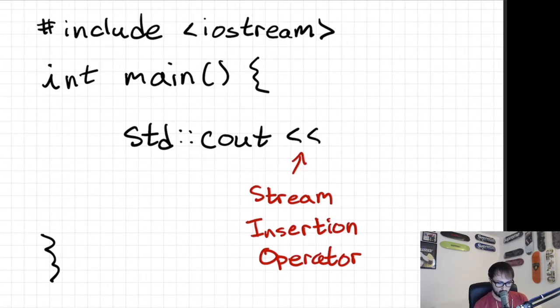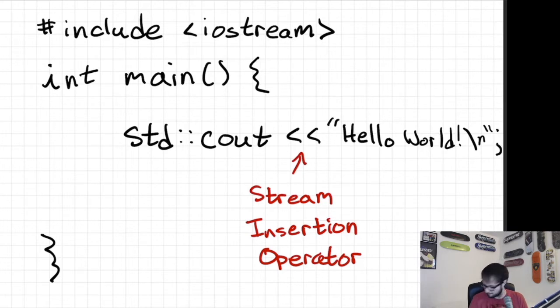So we can output some text to the terminal. There we go. By saying, "hello world" and then I believe it is \n. And this program right here is the most basic program that you can have. It will output hello world to the screen.